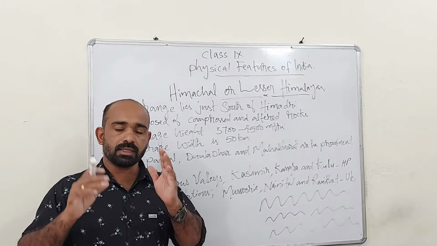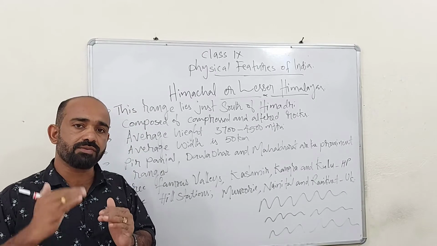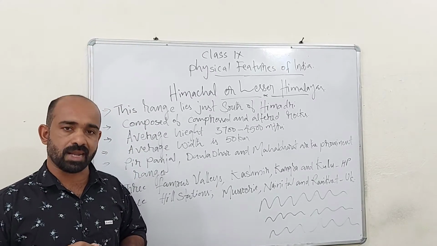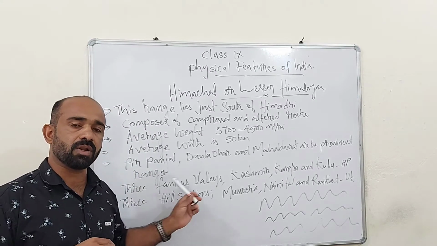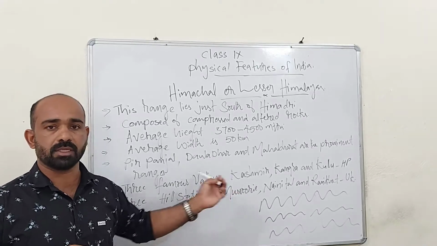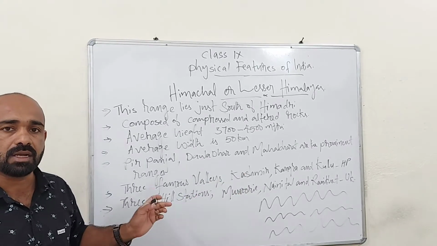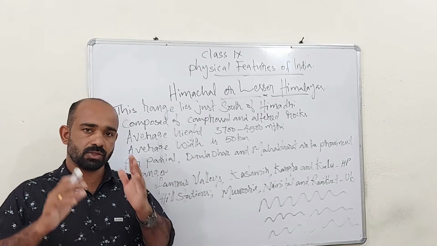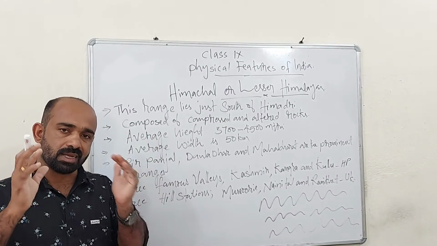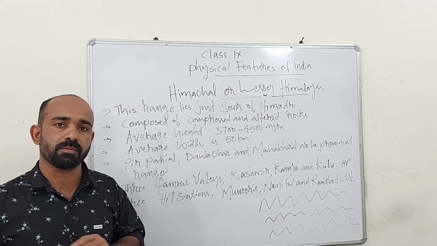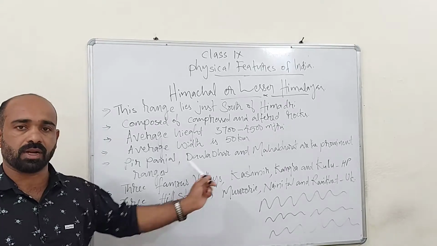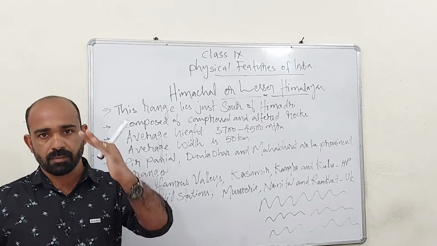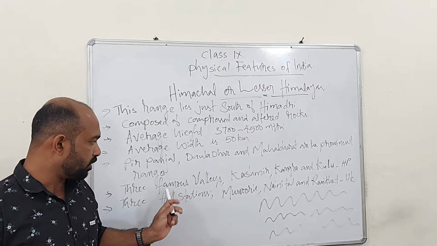And Lesser Himalaya is a group of three prominent mountain ranges. These three prominent mountain ranges are Dhauladhar, Pir Panjal and Mahabharat ranges.